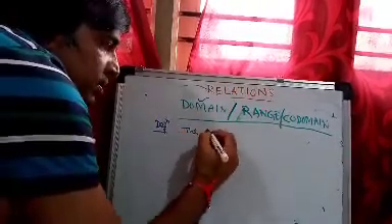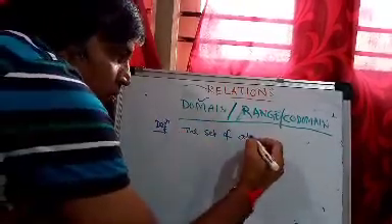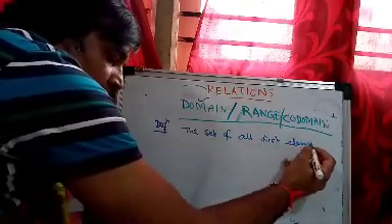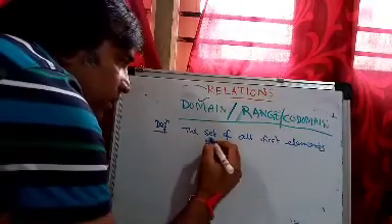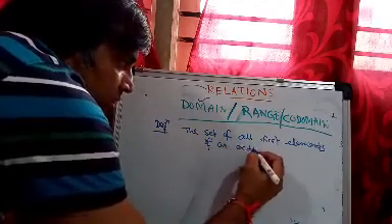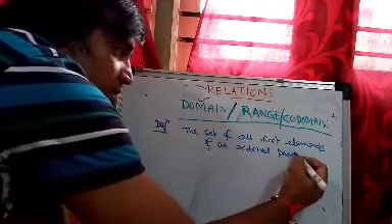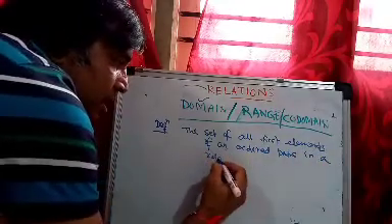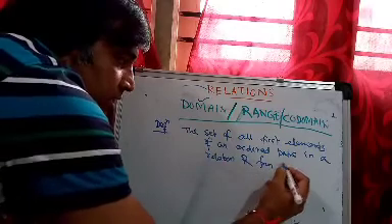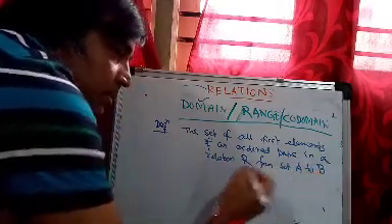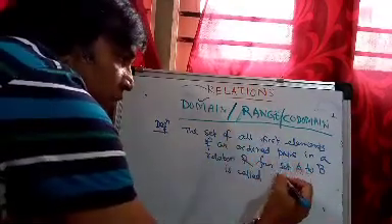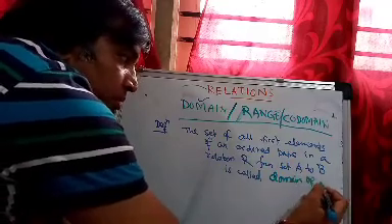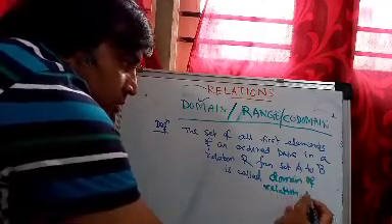The set of all first elements of an ordered pair in a relation R from set A to B is called the domain of relation R. So what is domain? A set of all first elements.